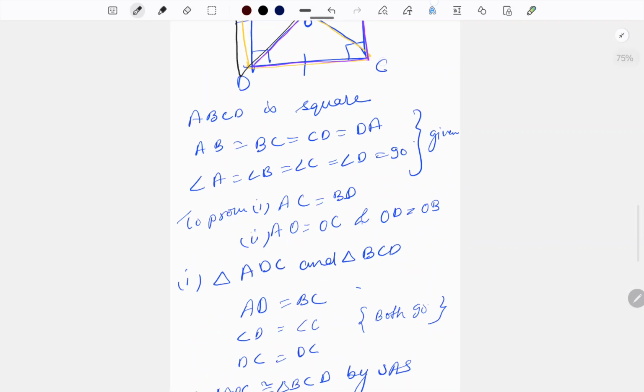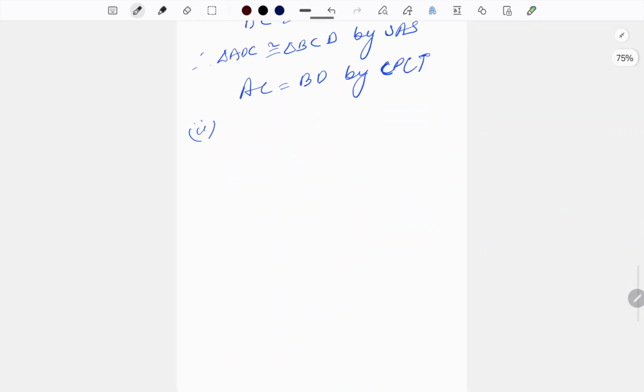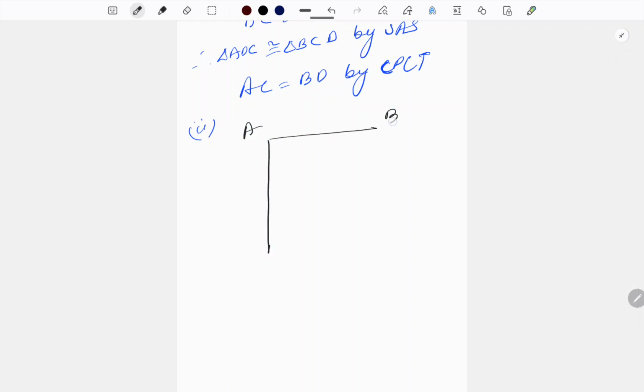Okay, so I will draw it here as A, B, D, and this point is O, and here is the intersection point, right?